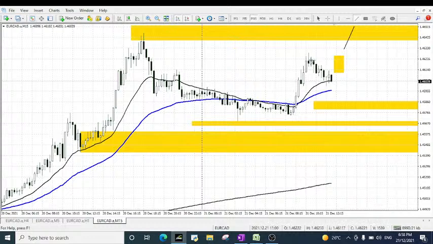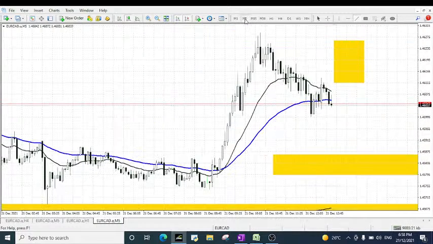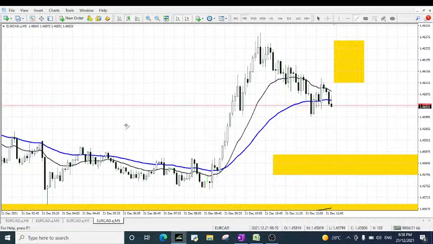If you look at this on a small time frame, this is like a complex pullback. So you have different types of pullback. You have a simple pullback where market moves up, comes down, continues to go up. Then you have a complex pullback.